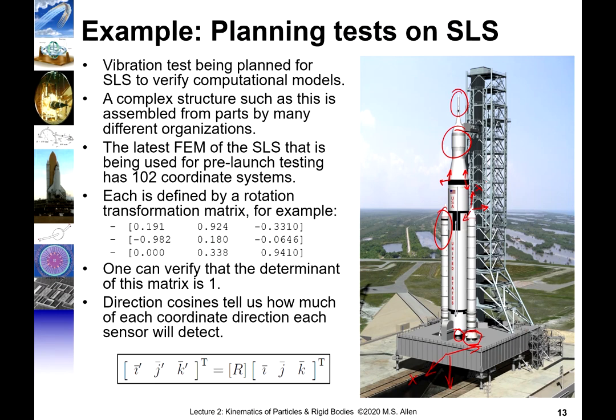So when you get a finite element model or a computer model for this thing, it's basically lots of parts stitched together, and all the different coordinate systems are defined, and the key to that definition is a rotation matrix that's just a set of numbers. This is a matrix just like the matrix R here.